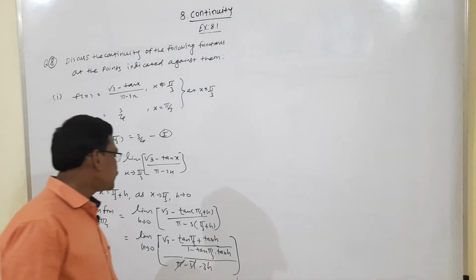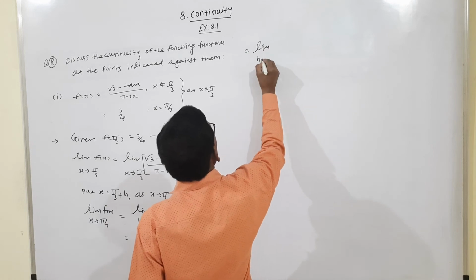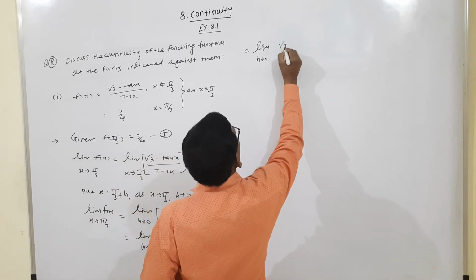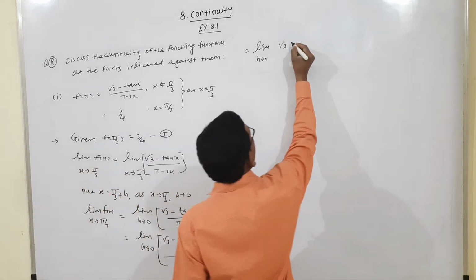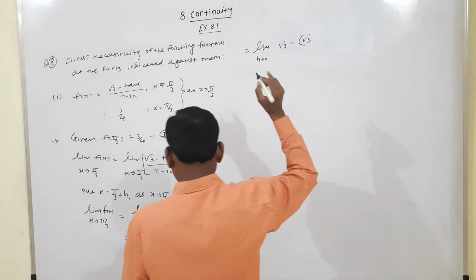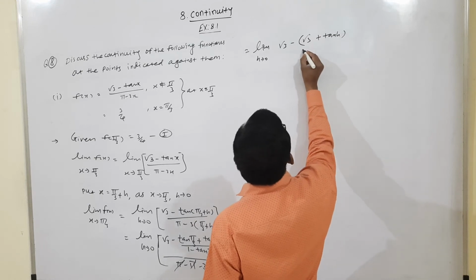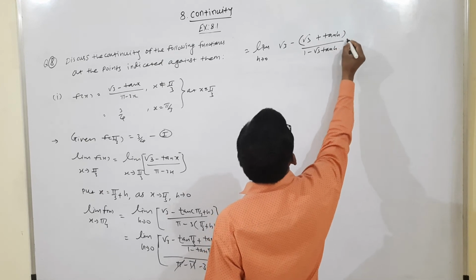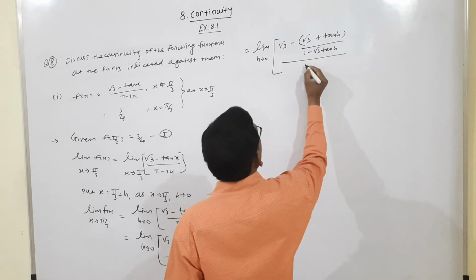So it is equal to the limit as h tends to 0 of root 3 minus root 3, plus tan h, divided by 1 minus root 3 tan h, and the whole divided by minus 3h only.